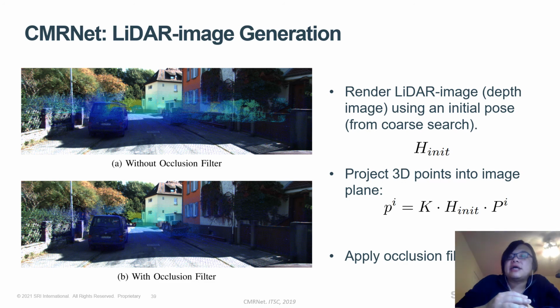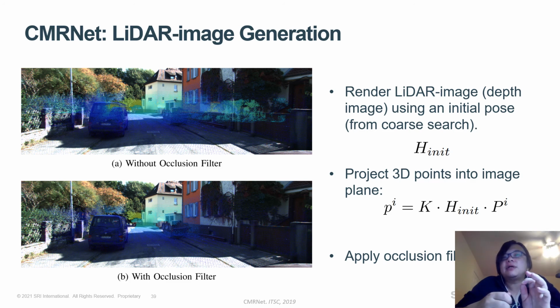The idea is that they first project the LiDAR point cloud to a depth map using the initial pose, which can be from the coarse search results. If we project all the depth information into the image map, there are some situations where there will be duplicate information for the same 2D position.